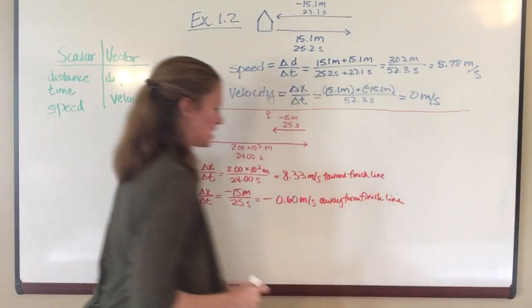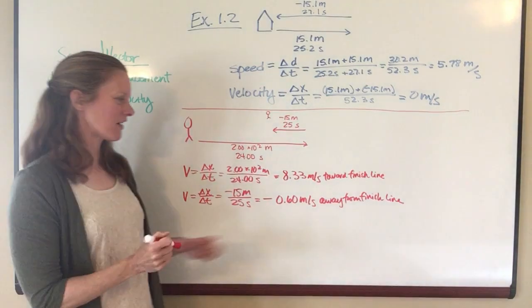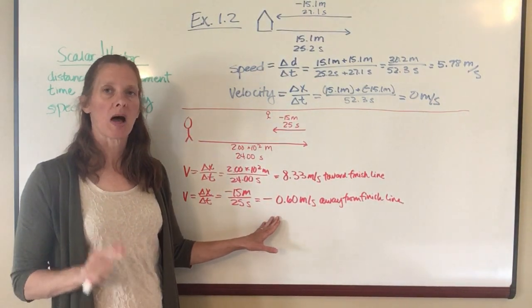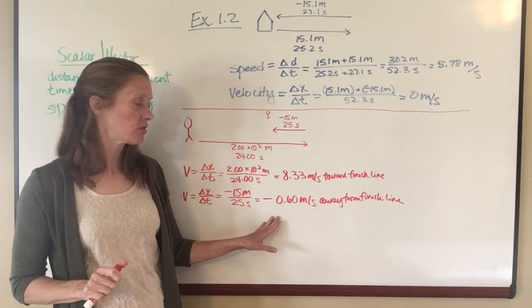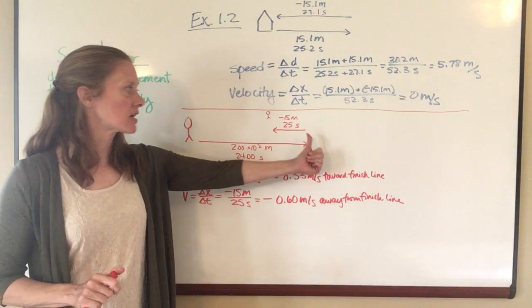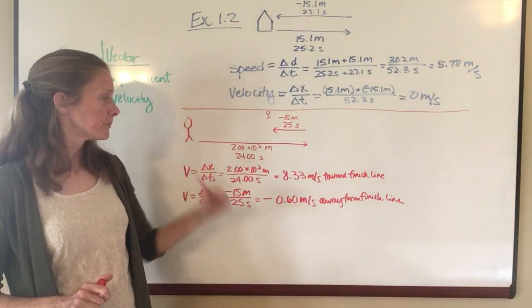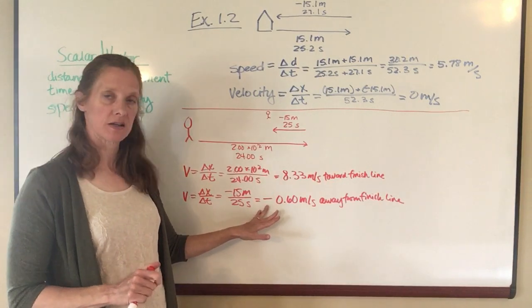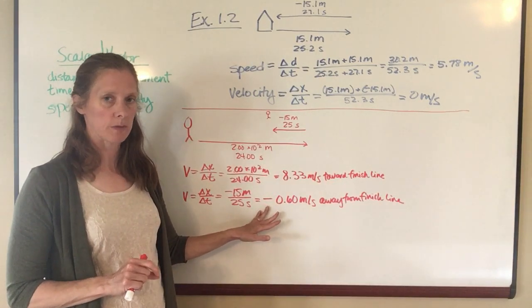And you're going, wait a minute, a negative velocity? How can you have a negative velocity? Velocity is not the same as speed. Velocity has to do with the direction that the object is going. So yes, it is negative because he is coming back this way. Okay, so it's negative because it indicates the direction that he's going.